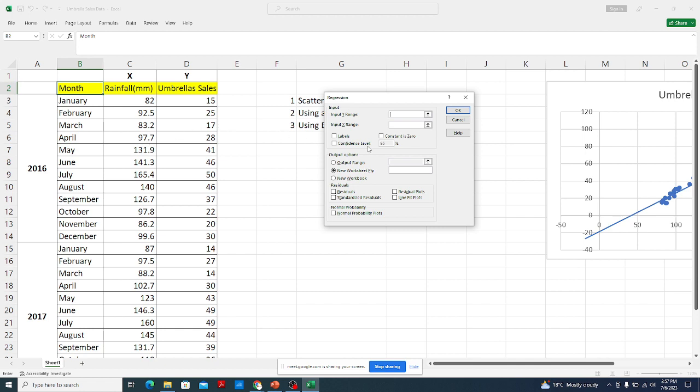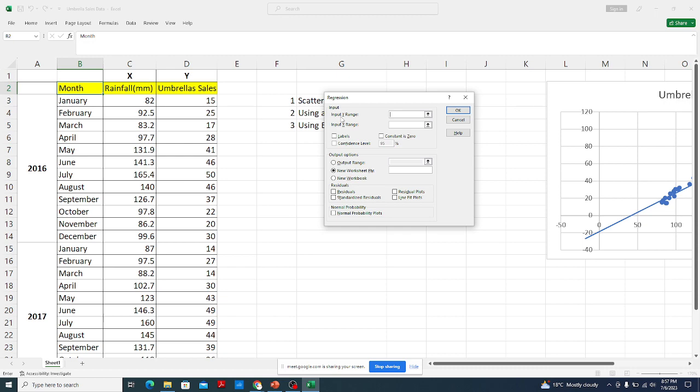Then after that, you can see we have labels. So in case you highlight inclusive of the titles, then you will click yes, we have labels. If you don't want to include the labels, you'll just highlight the data only. Let's maybe start with the data only.